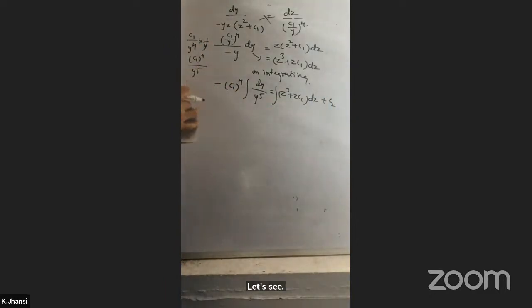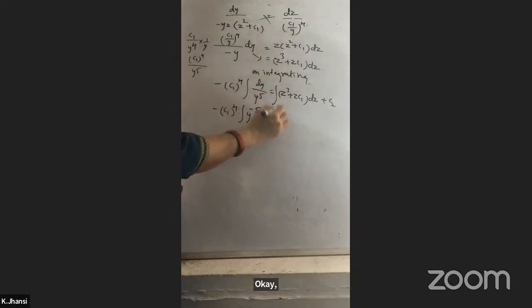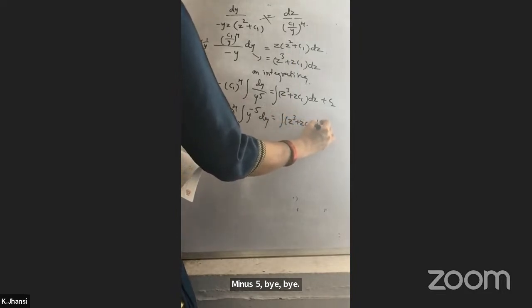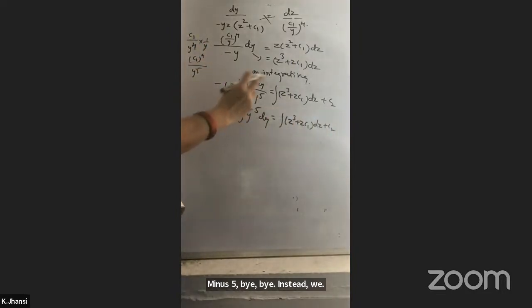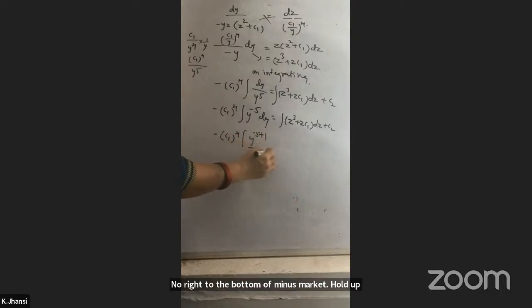Now, y to the power of minus 5 into dy, we'll take it to the numerator, equals z cube. Next time we will do the integration. Now y to the power of minus 5 means we'll write it as c1 to the power of 4 y to the power of minus 5 plus 1 by minus 5 plus 1.